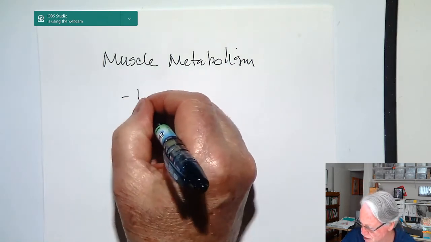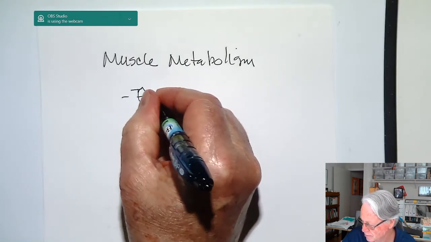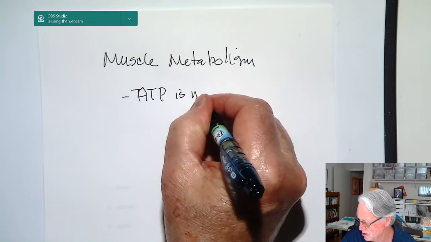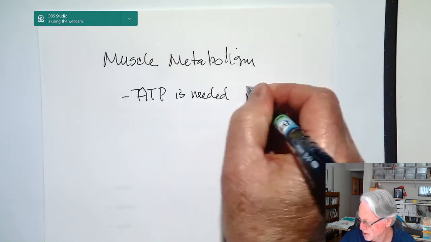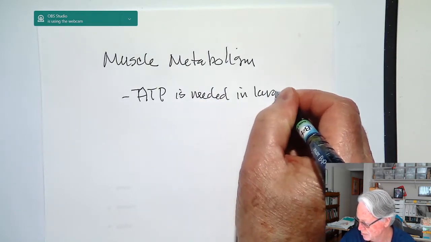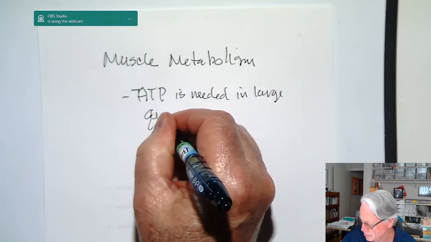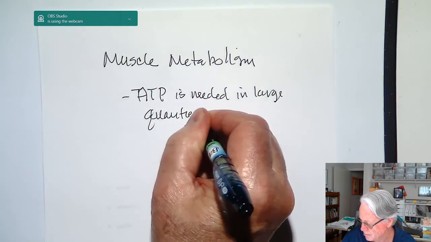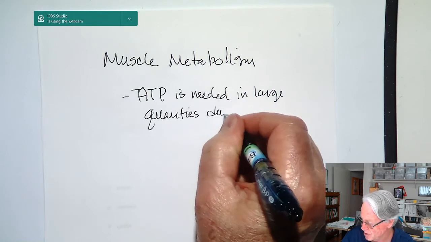So ATP is needed in large quantities during a muscle contraction.